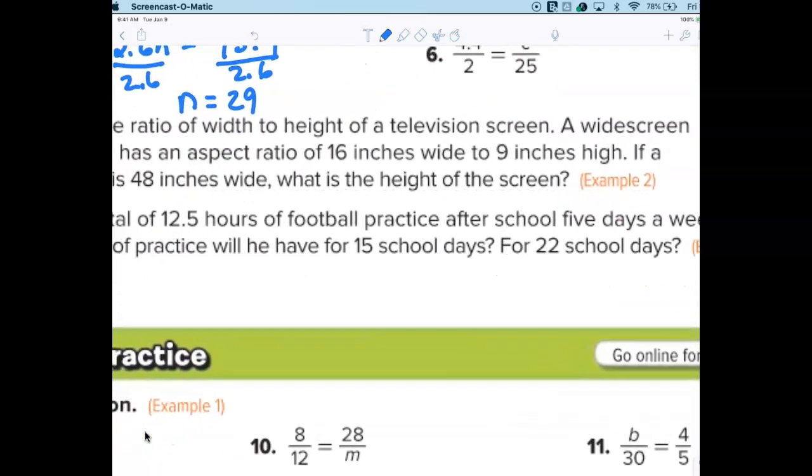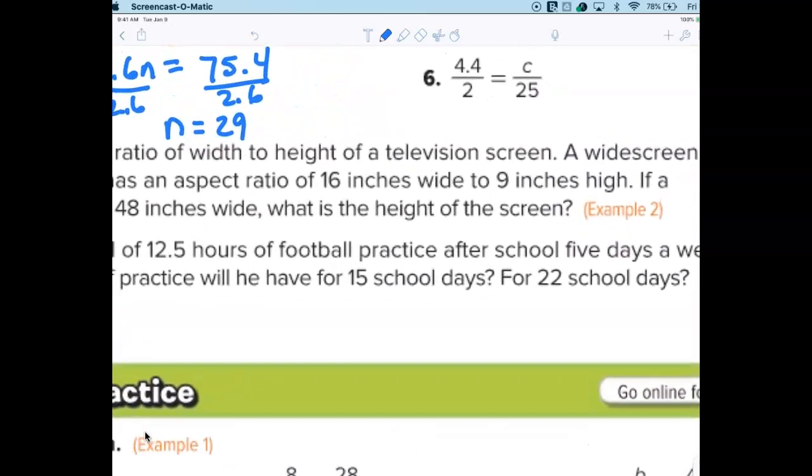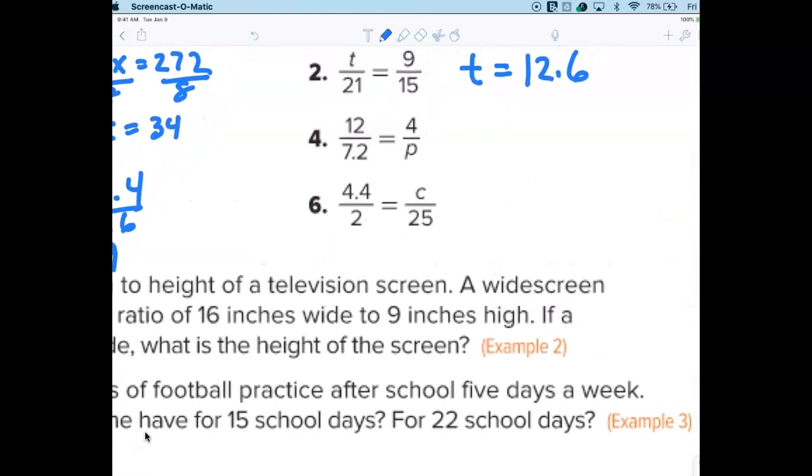Right here. We're going to get to it right now. Very important information. Super important. Number 4, I write down P equals. Xavier, what did you get? 2.4. Anybody else get 2.4? See what I'm saying? It's simple.